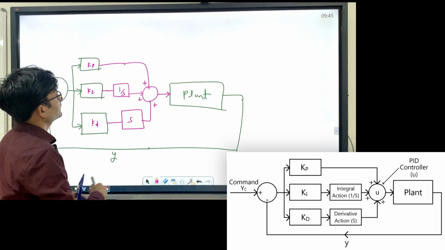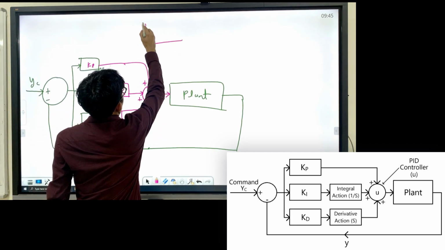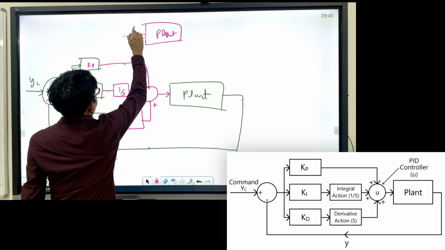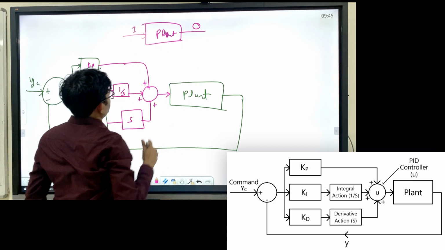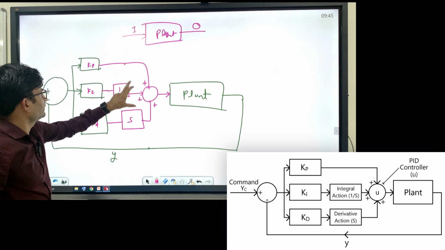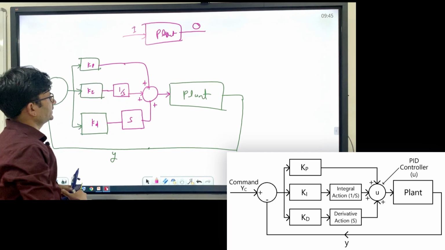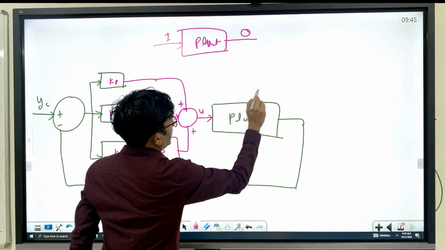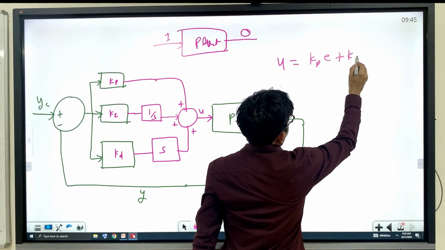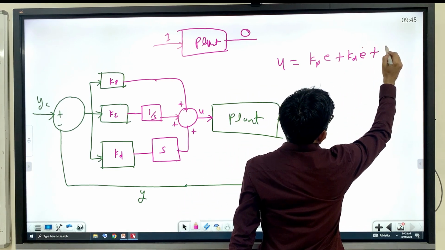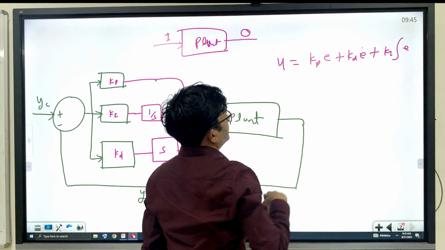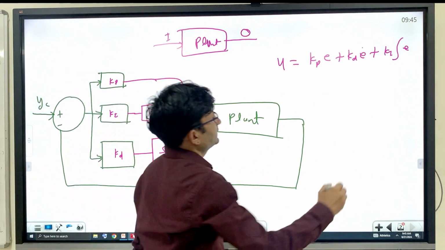So now you can see initially in my plant I was inserting input and I was getting the output. But now, based on the set point, I am supplying the input by using the PID controller. So this is the PID controller U, and U you can write as what? Kp into E plus Kd into E dot plus Ki into integral E. That you can write actually.